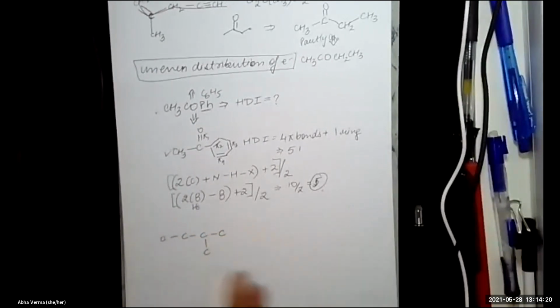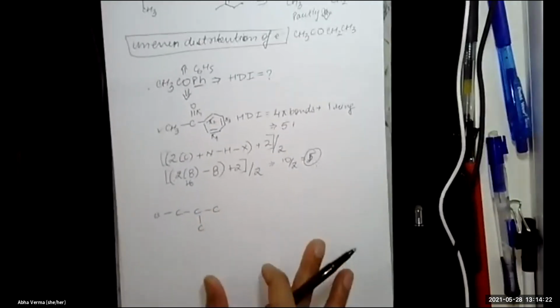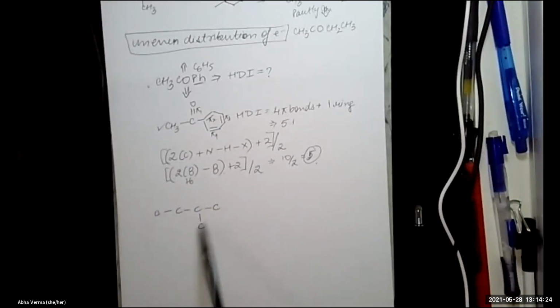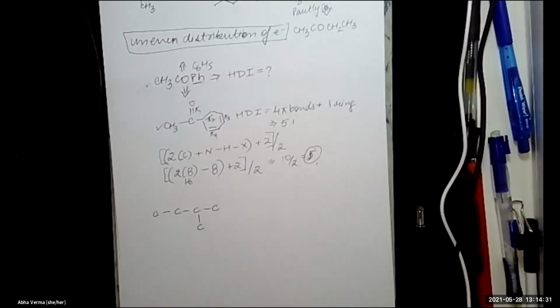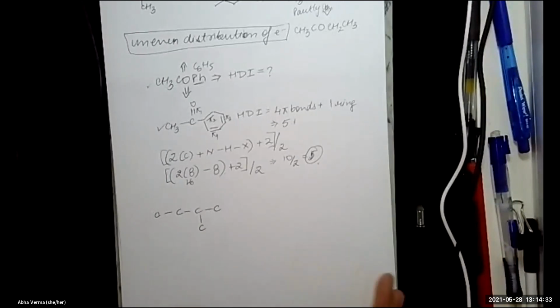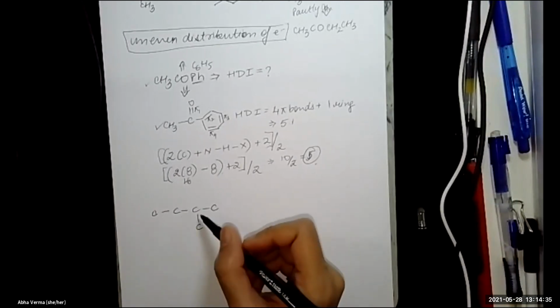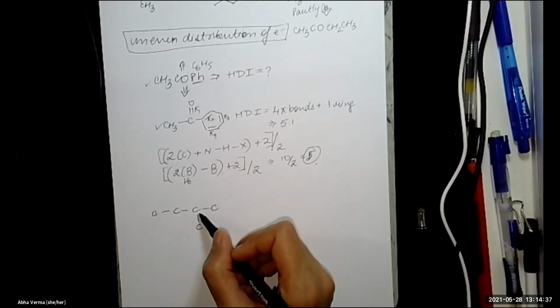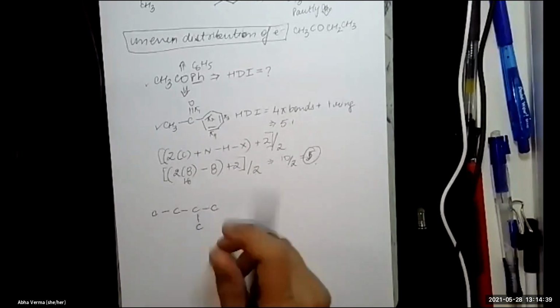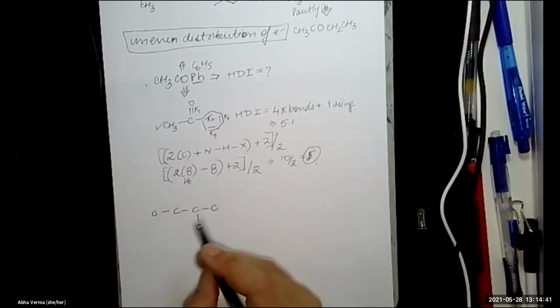If I have a structure like this, and remember, I'm not writing all my hydrogens, I'm just writing my carbons. You will have to understand, I hope by now, which hydrogens are there and what all are missing atoms that I've not written here. So very similar to what we had earlier.